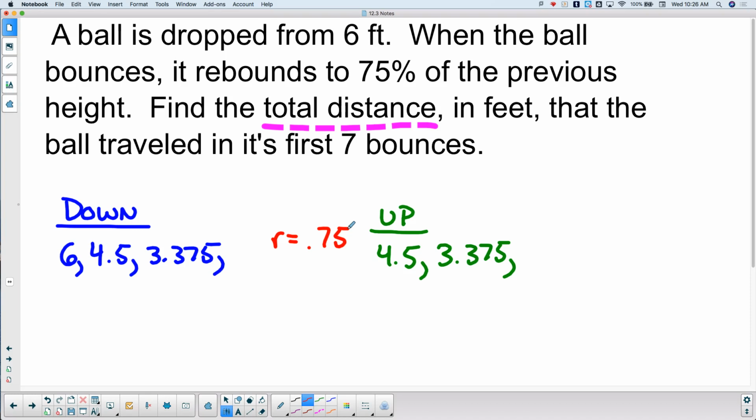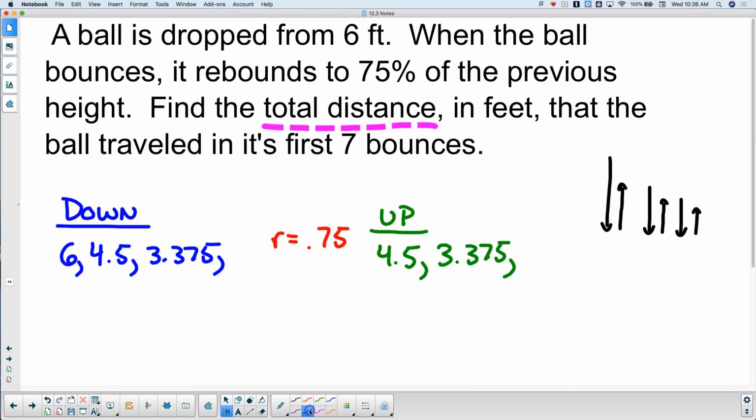Okay. Now, total number of terms. So we went down, and then we went up, then we went down, and then we went up, and so on and so forth.